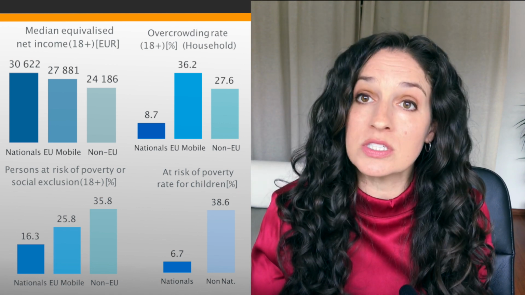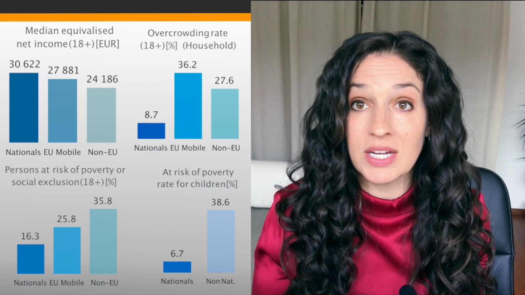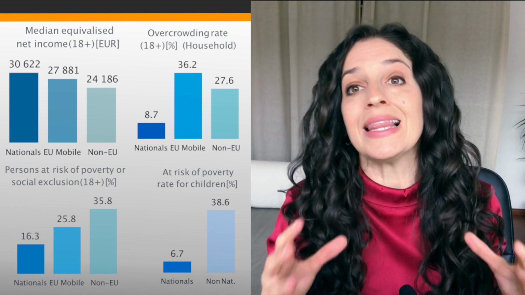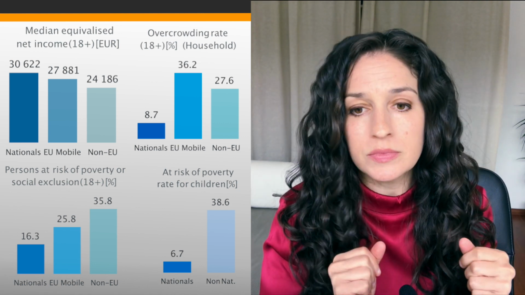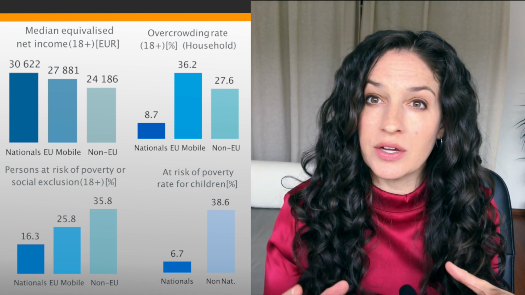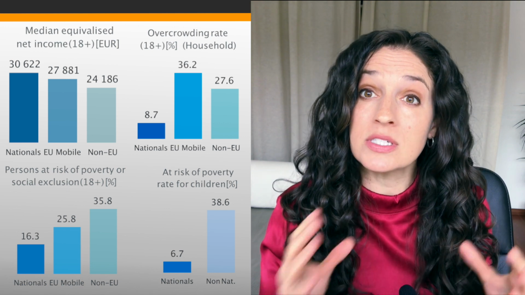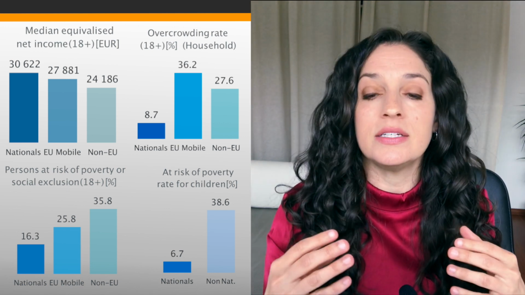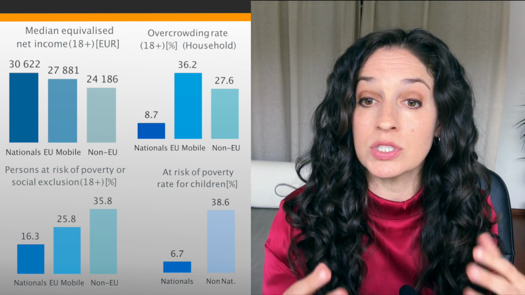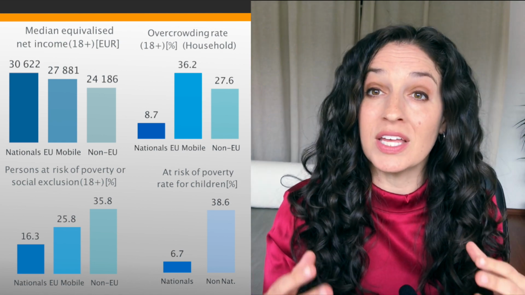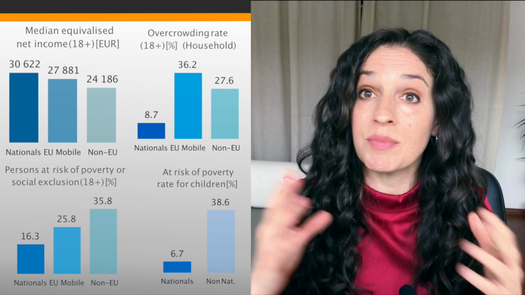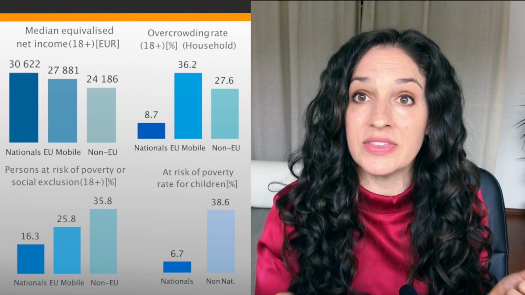We can also look at overcrowding rates and risks of poverty and social exclusion. If we look at overcrowding rates, and that has to do with the number of people living within a household, what we see is that there are much higher levels of overcrowding among immigrants compared to natives, and that there are higher levels of overcrowding among EU immigrants, which is interesting compared to some of the other countries that we've seen in this series.